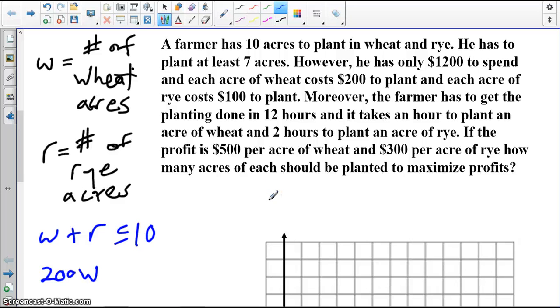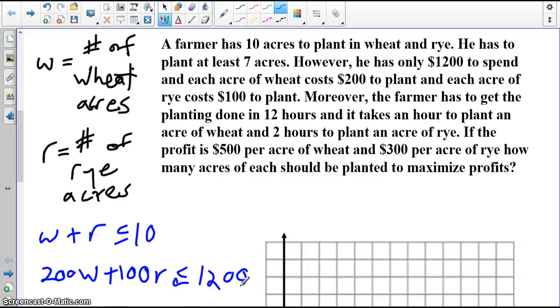If you multiply those two things, that is what it costs overall. So plus 100 R. This is how much he spends on wheat, this is how much he spends on the rye, and we know that he only has $1,200 to spend. So in theory, he's not going to take out any loans. It's less than or equal to 1,200. Okay?